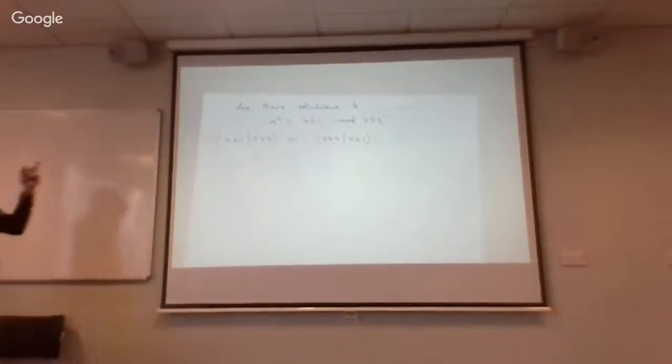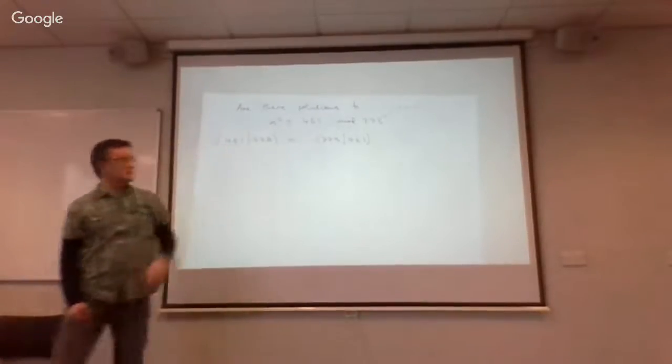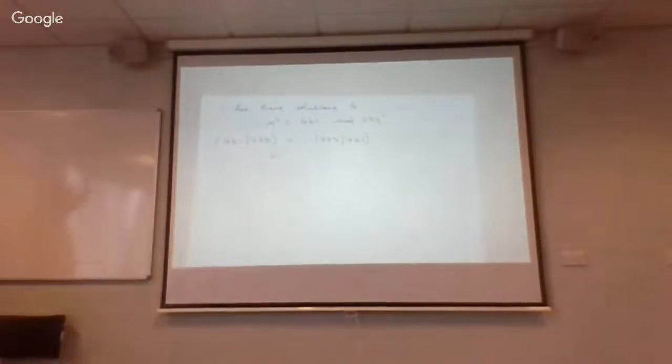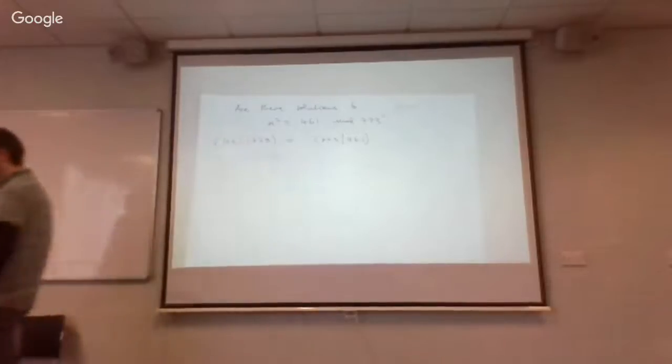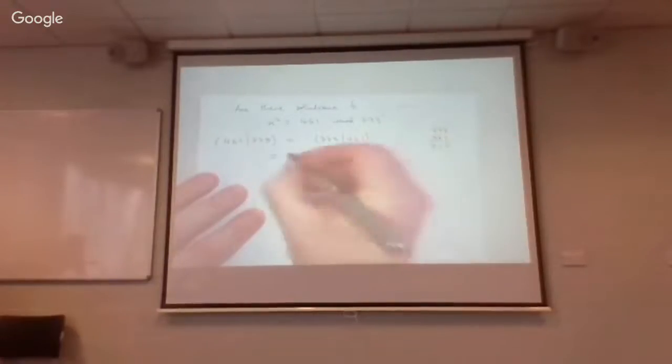If they were both congruent to 3, I'd need a minus sign here to flip the status, but they're not. So I flip them. Now I've got a large number modulo a small number, so I can reduce the large number. So 773 minus 461 is 312.